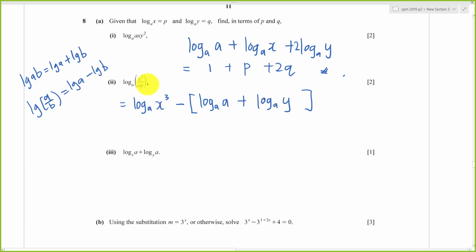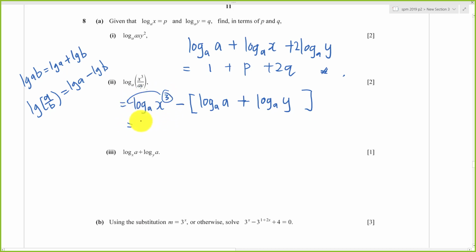Because the relationship between a and y is multiply, right? Multiply is a plus. Unless you don't put a bracket here, you can actually make both minus, because you might think something like this is x cubed divided by a and x cubed divided by y, isn't it? So you can put minus for both. But in order to make it less confusing, I will just put a plus in the middle, because multiply is plus, divide is minus. But remember the bracket, or else you will make some careless mistake.